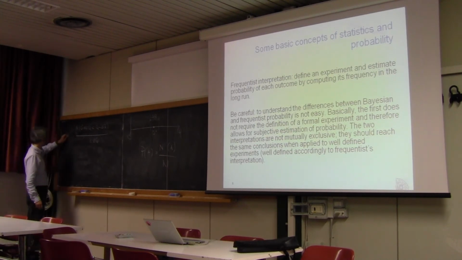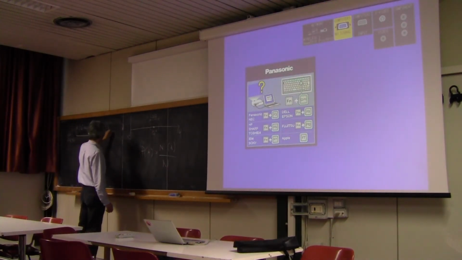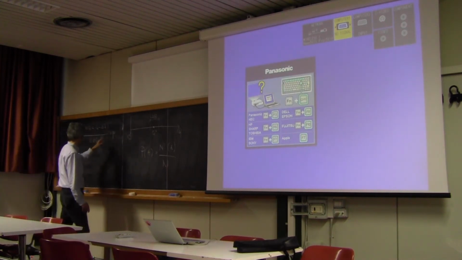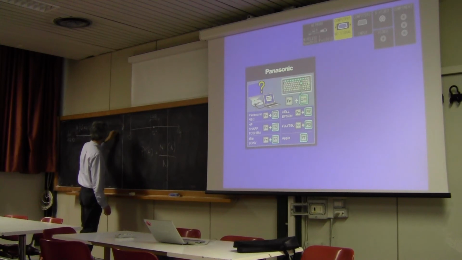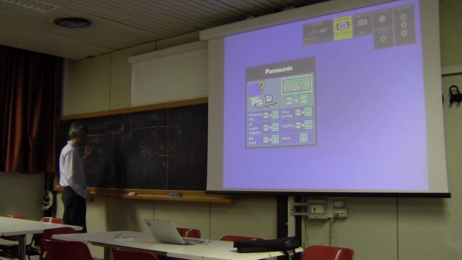Let me compute the limit for delta Q tending to 0, and let me define this one as probability with lowercase p, of Q star. And this is not probability, but probability density.